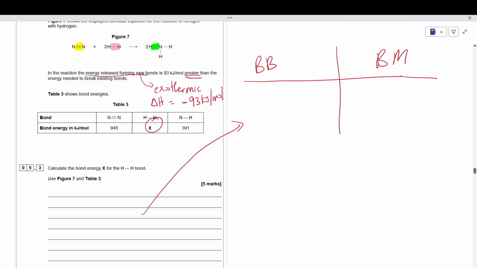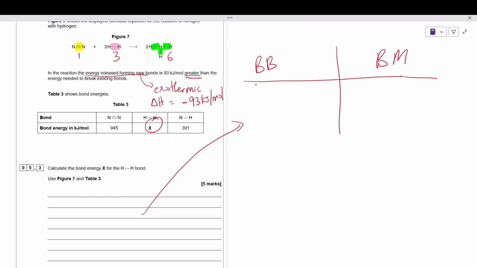That's 2, 3, 4, 5, 6. So 6 of those bonds. So I have 6 of those bonds, 3 of these, and 1 of the N triple bond N. So I have noted down all the bonds that I have. Now I'm going to start doing my calculations.